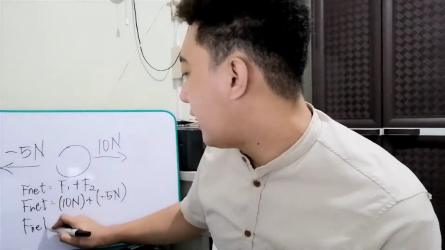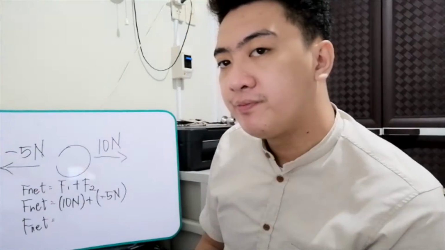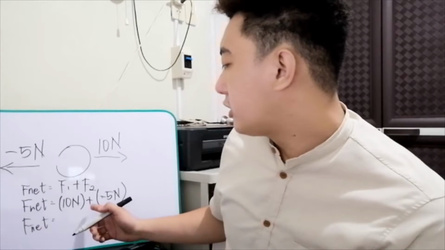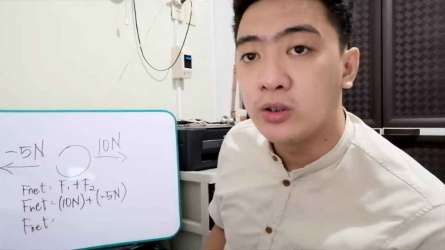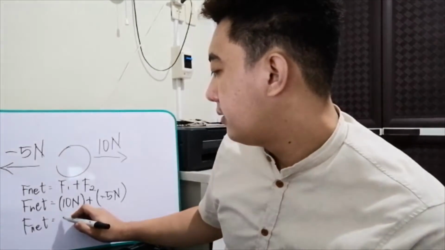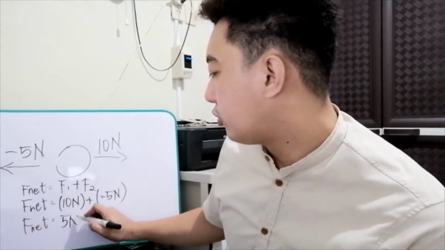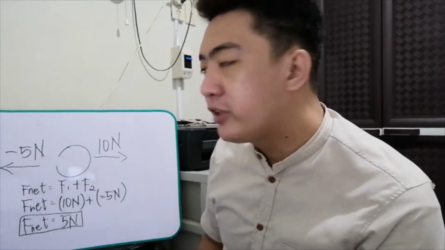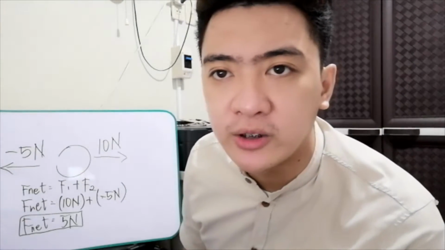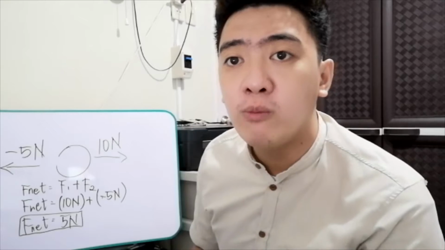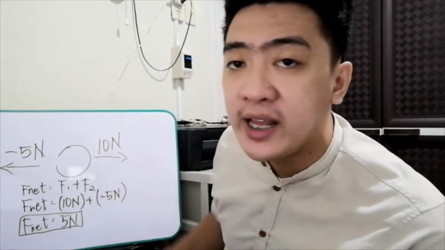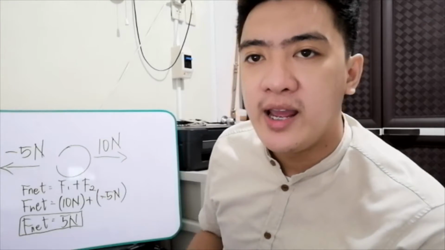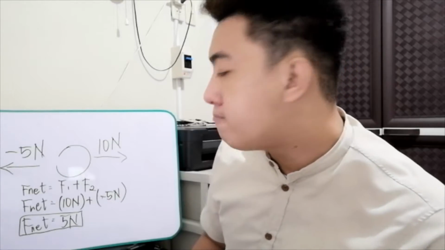So what would be the net force? 10 newtons plus negative 5 newtons is equal to positive 5 newtons. So therefore, the object will move in what direction? The object will move in the direction of the 10 newtons force, and we consider it as unbalanced.